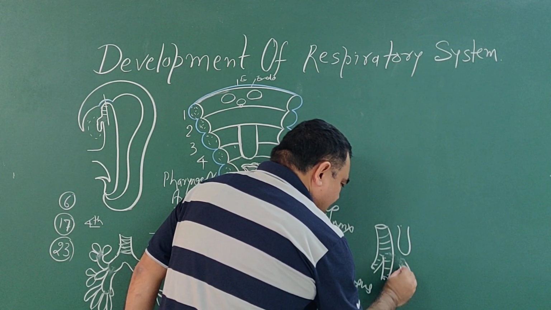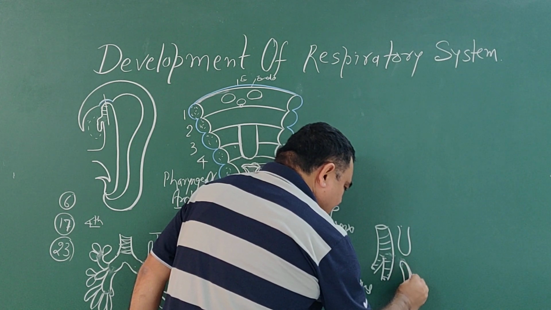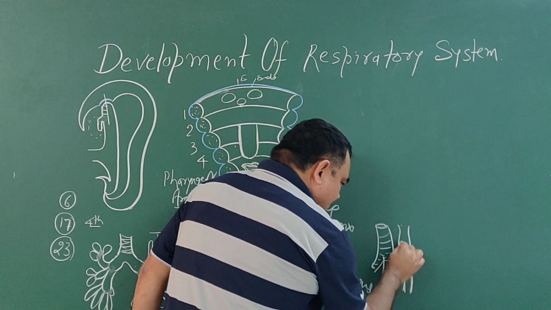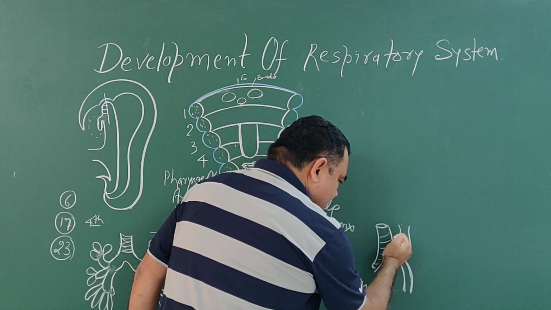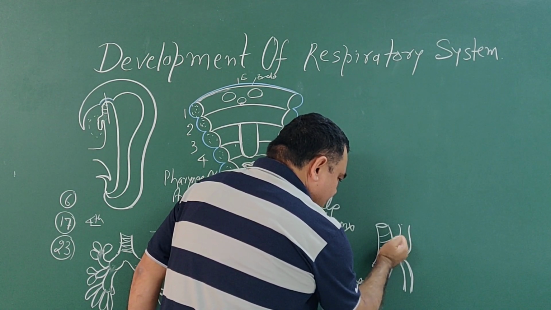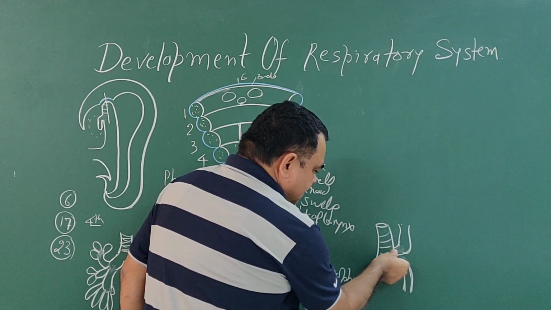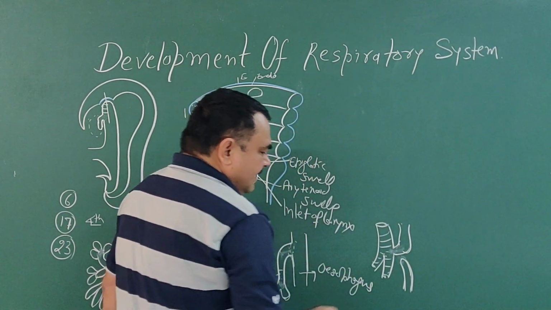Sometimes both the upper and lower parts are blind, and sometimes the upper part forms like this. So this is another type of the fistula.